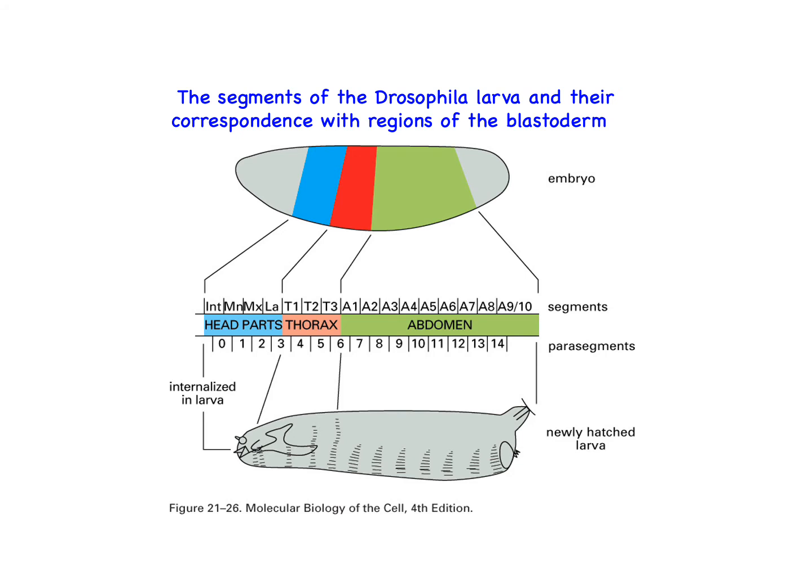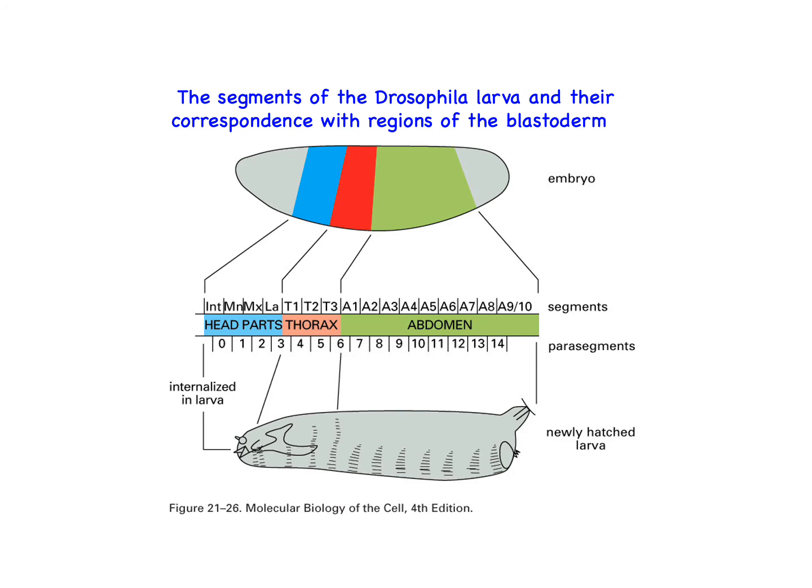I want to get back to development now, and again looking at the fruit fly, Drosophila, and at the bottom of this diagram is shown a larva, and you can see again it has a bunch of hairs on the bottom of it that can be used to identify different segments.